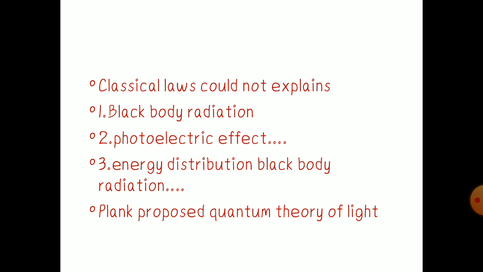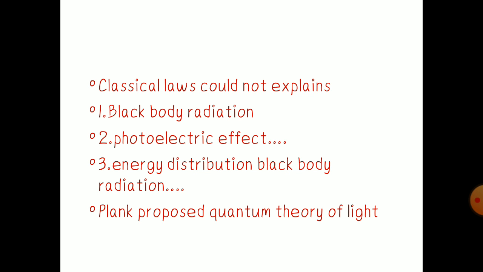So what are the things which are not explained with the help of classical laws? That is black body radiation. Then the photoelectric effect. The photoelectric effect means when light of suitable frequency is incident on a metal surface, electrons are ejected from the metal surface. Those electrons are known as photoelectrons, and this phenomenon is known as the photoelectric effect.